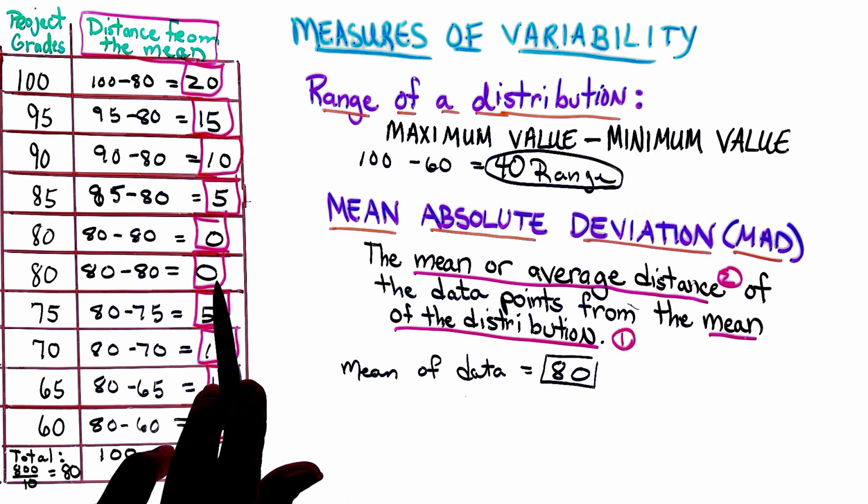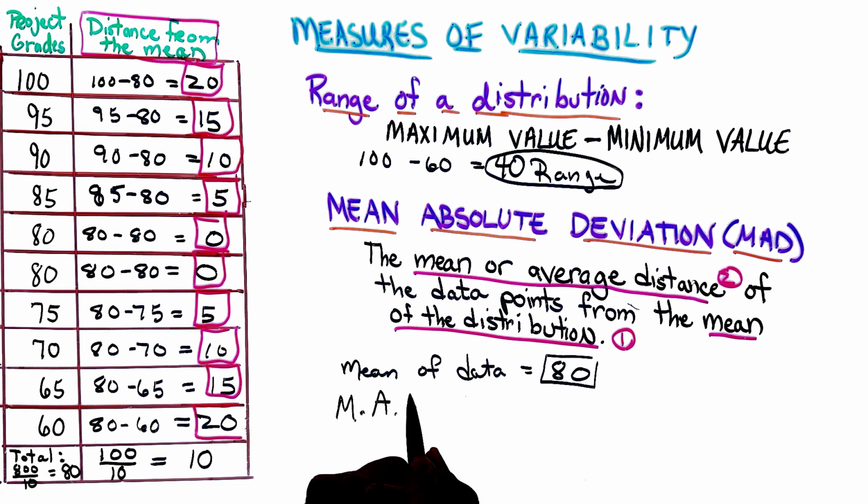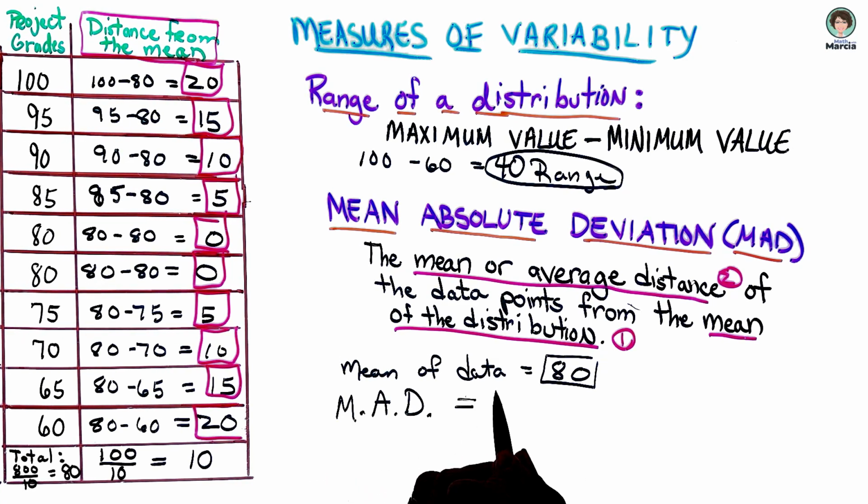That's why those zeros have to be there, and I'm dividing it by 10. So what I am figuring out is the MAD. The mean absolute deviation, the MAD, is equal to 10. It's the average number of points that is away from the mean of your project grades.